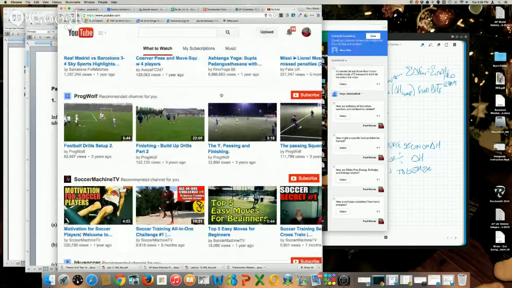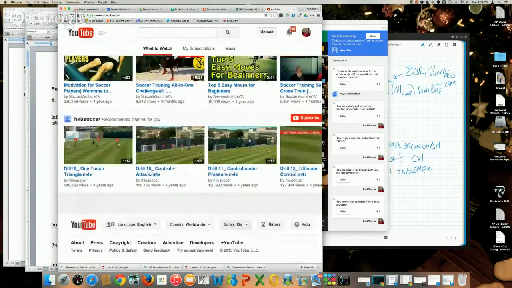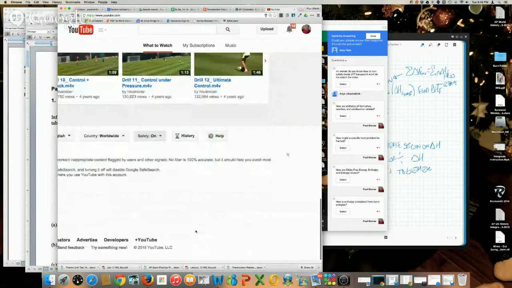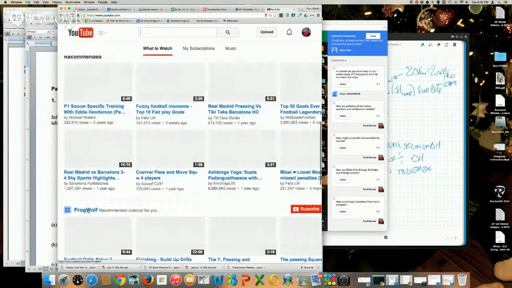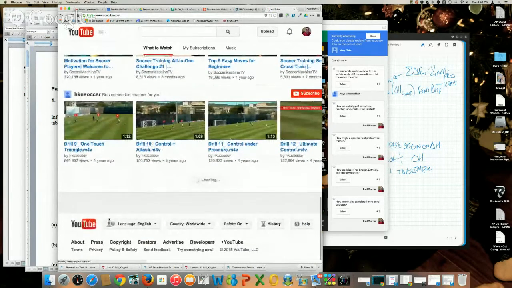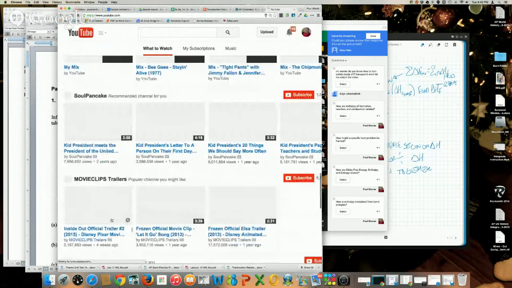So if you scroll all the way to the bottom, there's this section right here, English Worldwide Safety On and Off. You need to click that, and you just do the drop down arrow and it gives you the options. You can turn it to off. Mine says it's on, which is good. But if you turn it off to disable it, I don't know why it's causing that problem. Let me see what happens if I scroll down again.